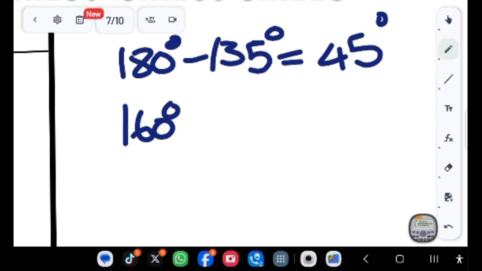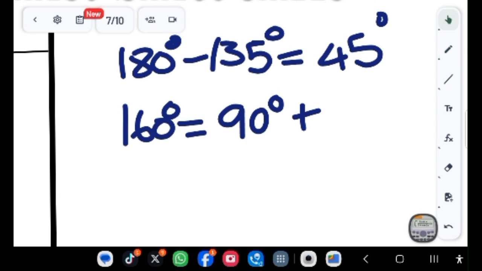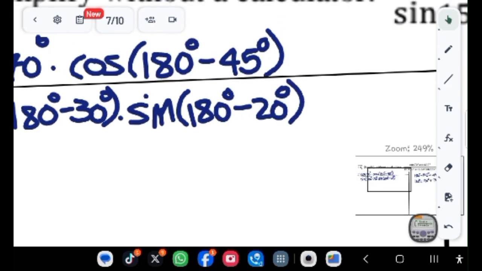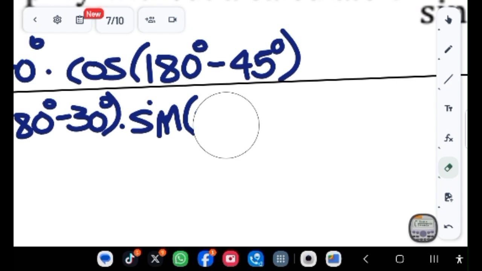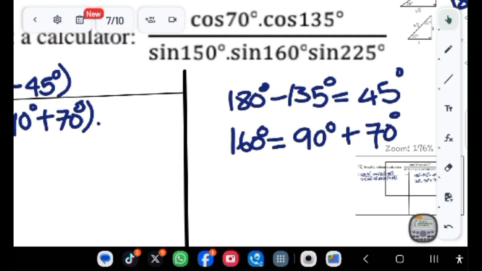Expressed in terms of 180, it does not give us a special angle. Let's see what special angle it gives us when you express it in terms of 90 degrees. So you go 160 minus 90, and there we go, we get 70 degrees, which we already have in a cos at the bottom. So let's express it as that. This way will also get you to the answer. Whichever way you prefer, there are many ways to skin this cat. You will also get to the correct answer.